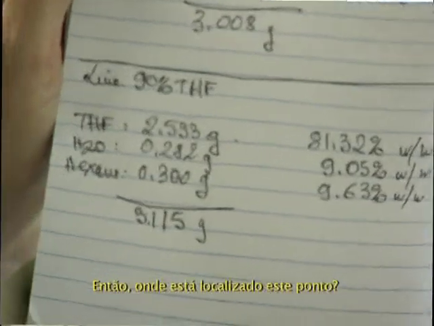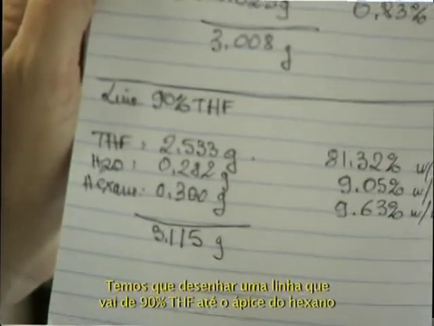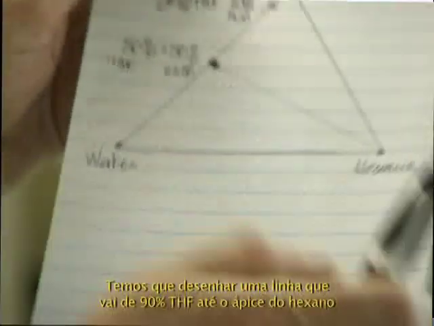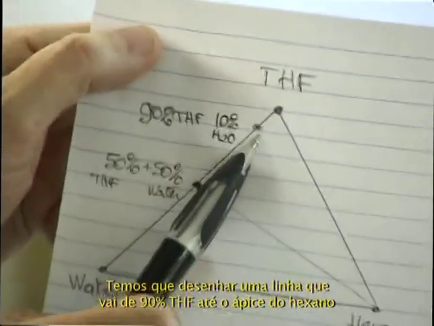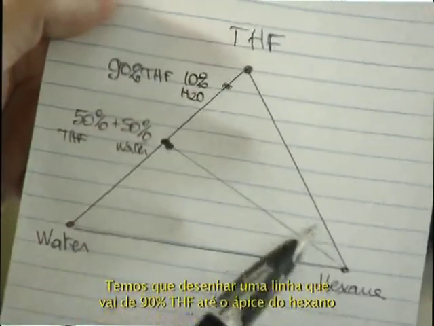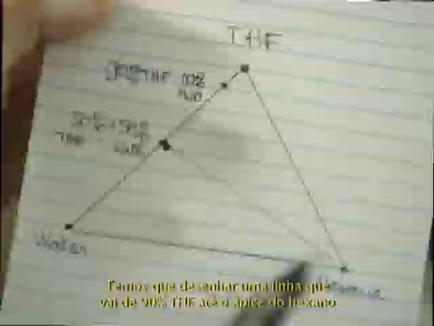So where is this point located? You have to draw a line that goes from the 90% THF up to the hexane apex. So let's take the ruler, draw the line.